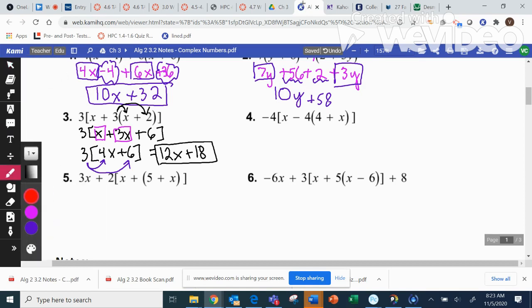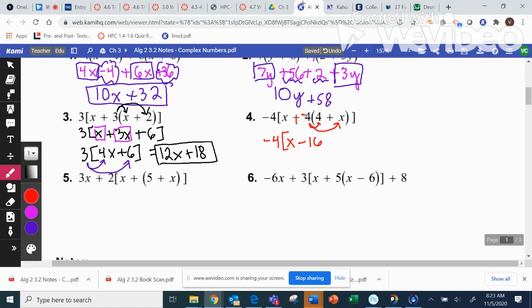On this next one, what will I be distributing? I will be distributing a negative 4, right? So minus sign is the same thing as adding a negative. So we're actually distributing a negative 4 in. So I'll have negative 4 outside of a bracket, x, and then when I distribute that negative 4, I get minus 16.